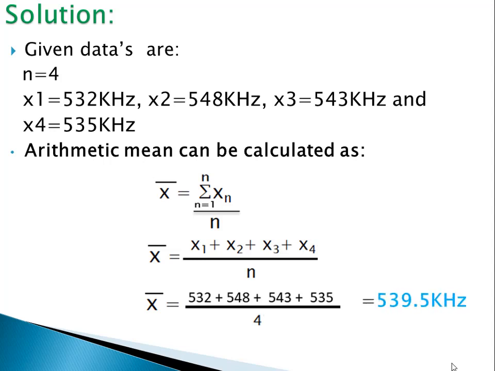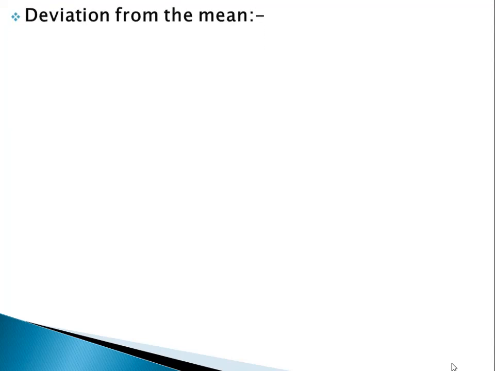After calculation, you will get the answer for arithmetic mean as 539.5 kilohertz. Similarly, deviation from the mean can be calculated as follows. We know the formula for deviation from the mean, that is dn is equal to xn minus x bar.